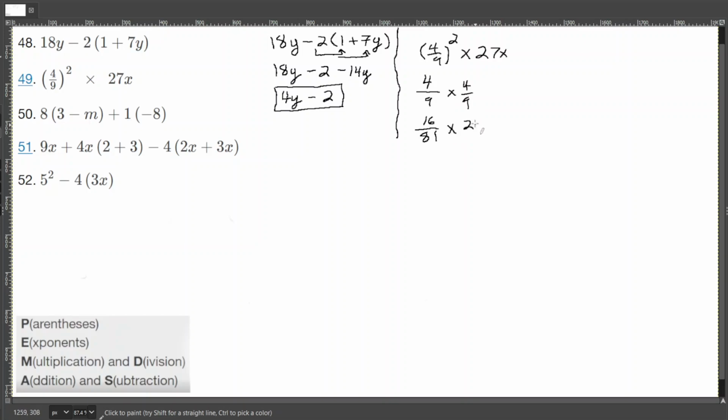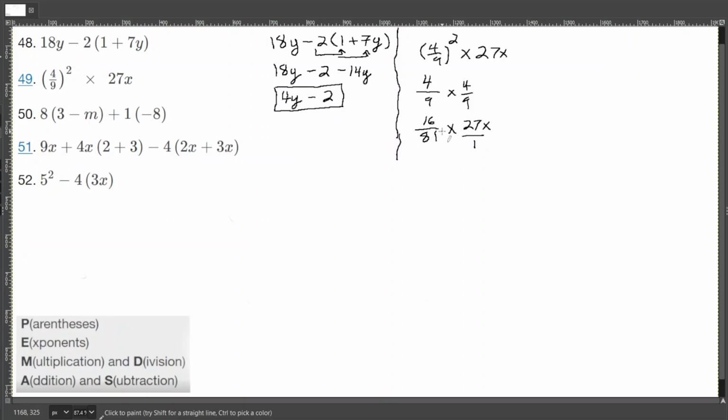Now we have 27x. And the easiest way to go about this one, I'm not going to multiply, I will factor out, right? I already know 27 and 81 are multiples of 9, right? So I kind of showed you the divisibility test with 3's. Well, if you add the numbers, 2 plus 7, 9, 8 plus 1, 9, they're both divisible by 9.